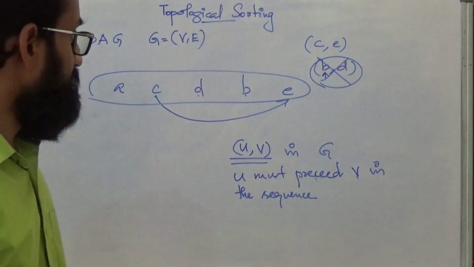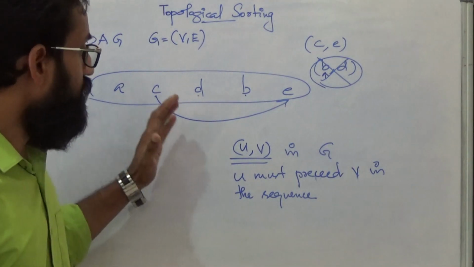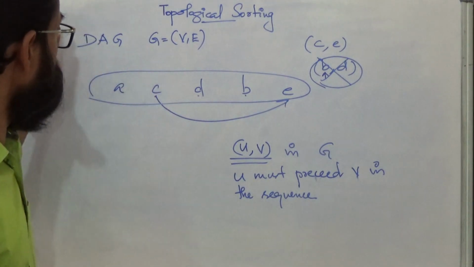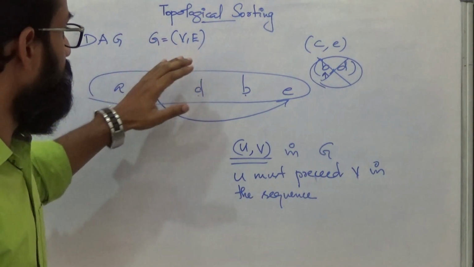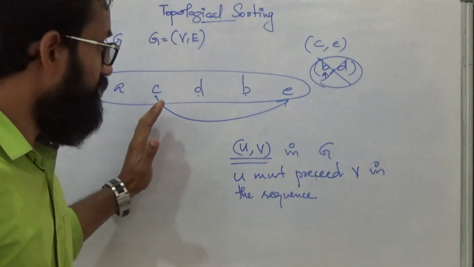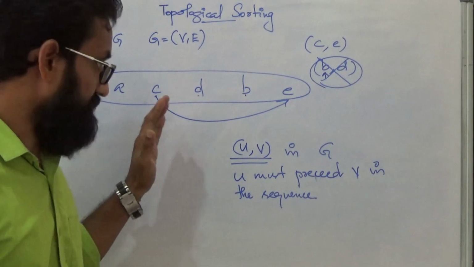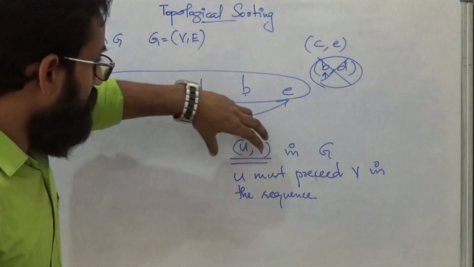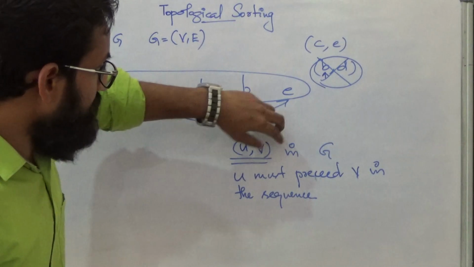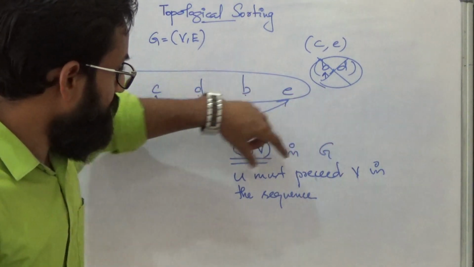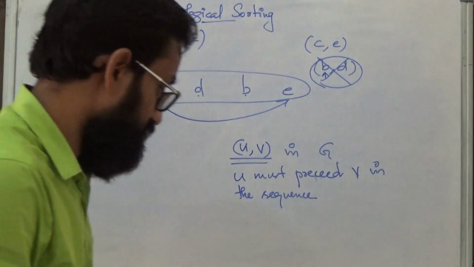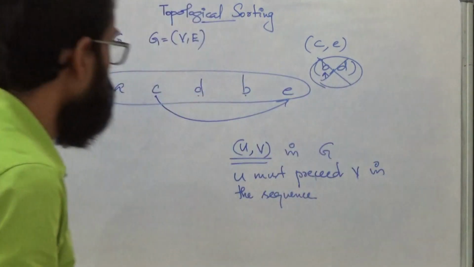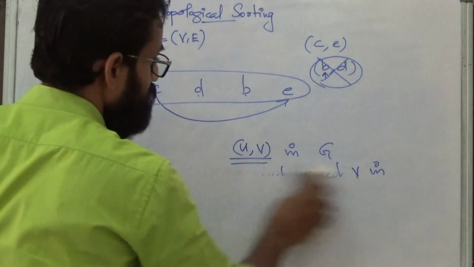So a topological sorted sequence of a directed acyclic graph G = (V, E) is the linear ordering of vertices such that if UV is an edge in G, then U must precede V in the sequence. That's the simple definition of topological sorting.